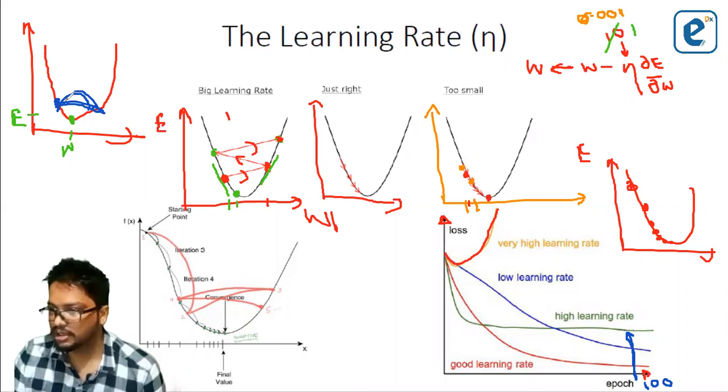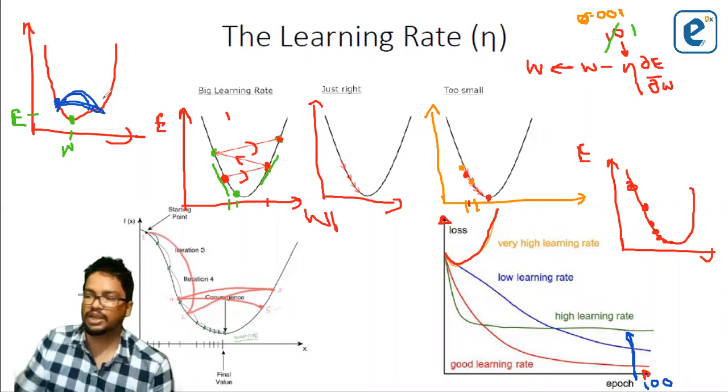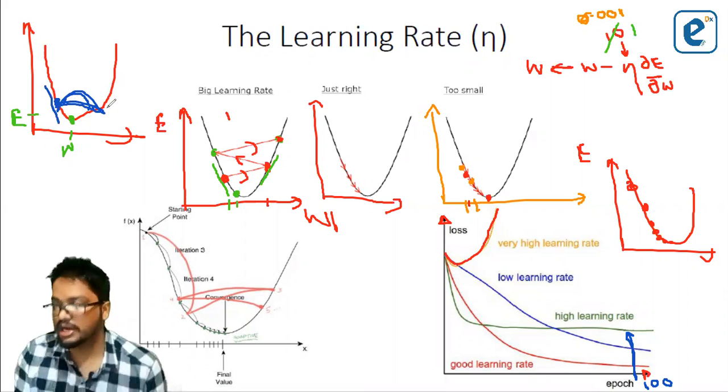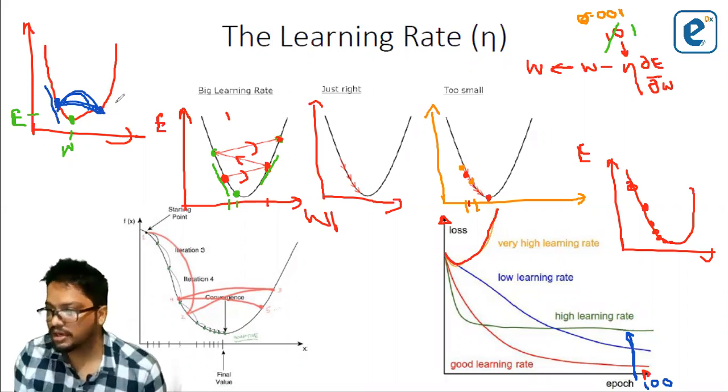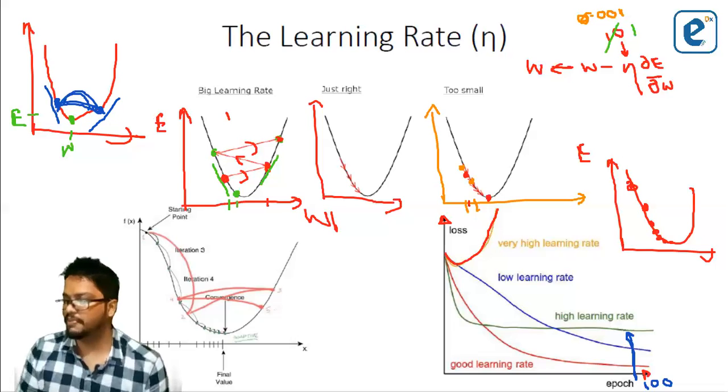It can bounce between two intermediate values. Here the gradient is negative, so it goes here, and then the gradient is positive. So it bounces between these points. That can happen, and that's illustrated here.